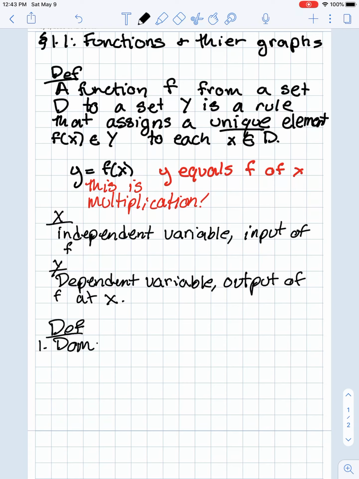And so we also have another definition, or two, right? So domain. It's going to be the collection of all of these x's, right? So we also call it D for short. It's the set of all possible inputs.